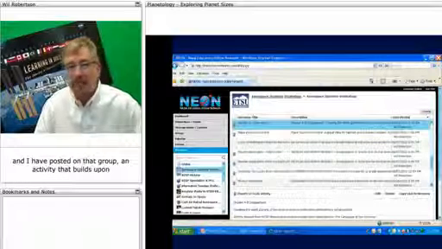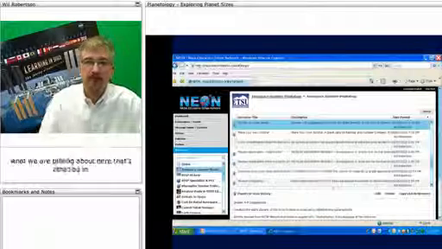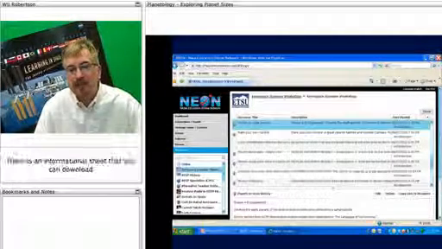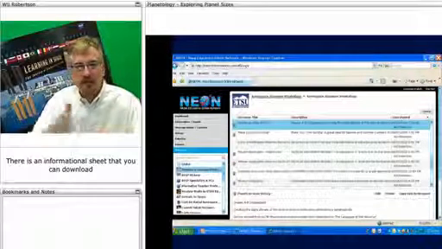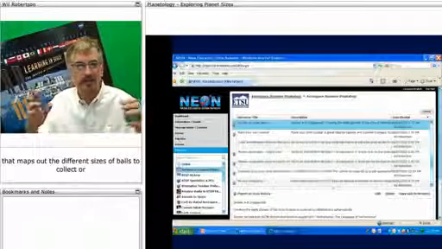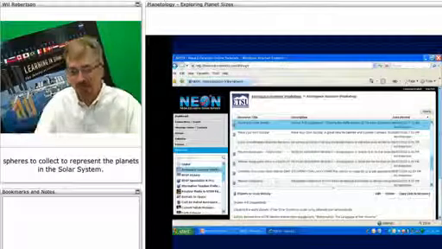I have posted on that group an activity that builds upon what we're talking about here, referred to as the planets to scale activity. There's an informational sheet that you can download that maps out the different sizes of balls or spheres to collect to represent the planets in the solar system.